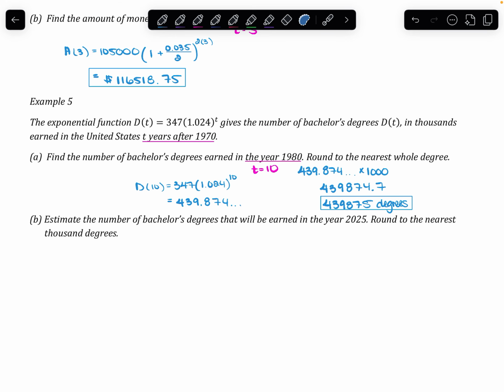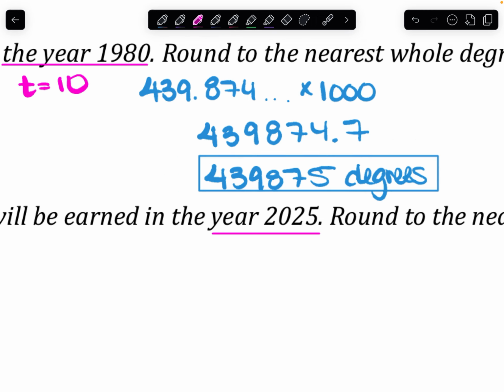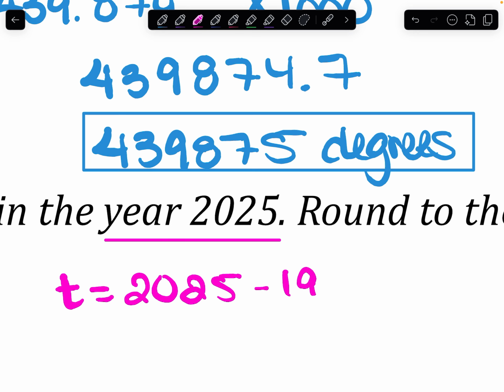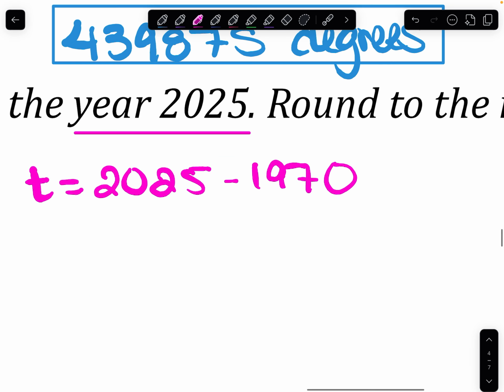All right. B. Estimate the number of bachelor's degrees that will be earned in the year 2025. So t is not 2025. t is the number of years since 1970. So these are a little bit further apart. So if you struggle with that, that means we just take the current year minus the year it started, and we get 55.